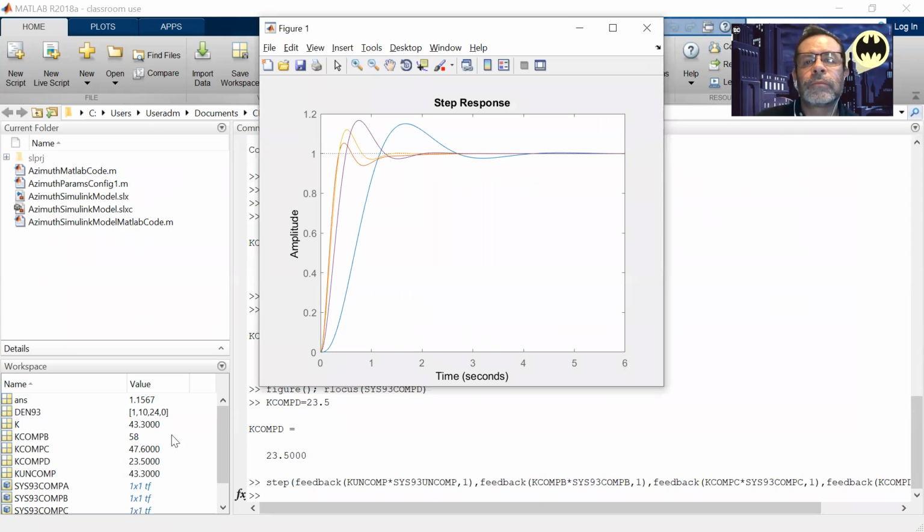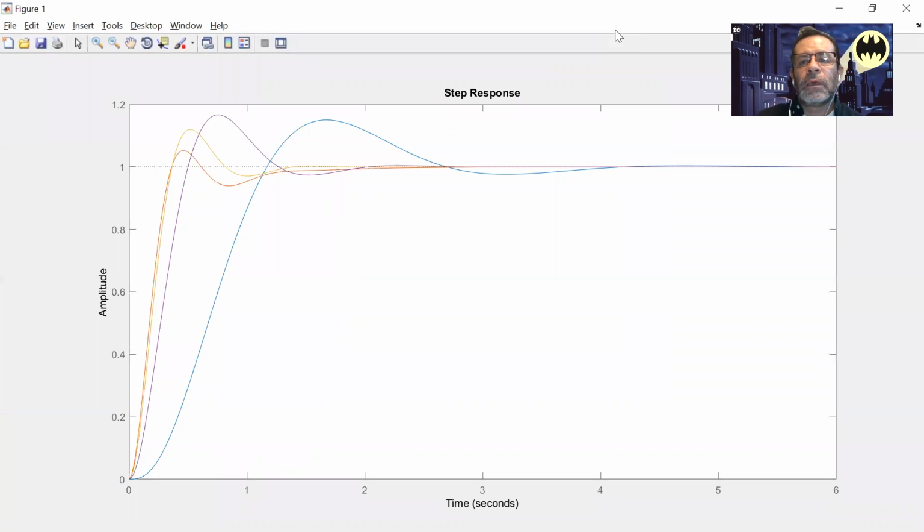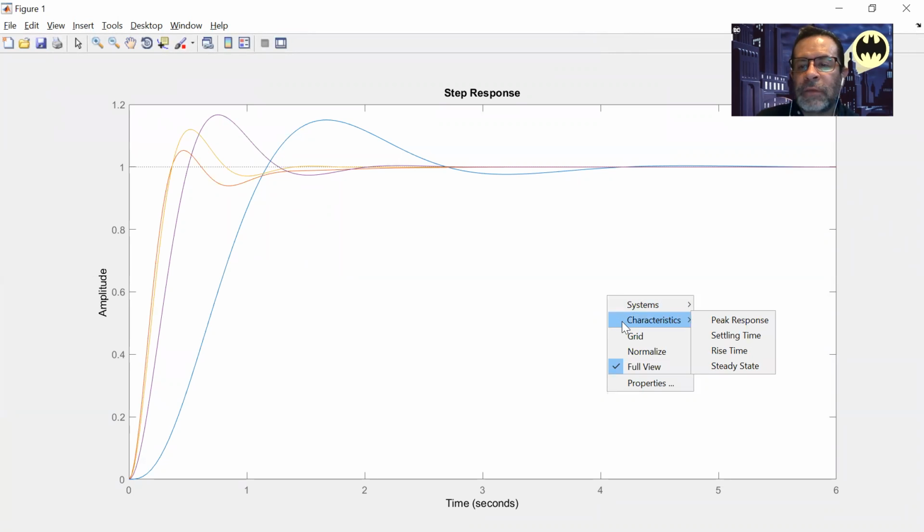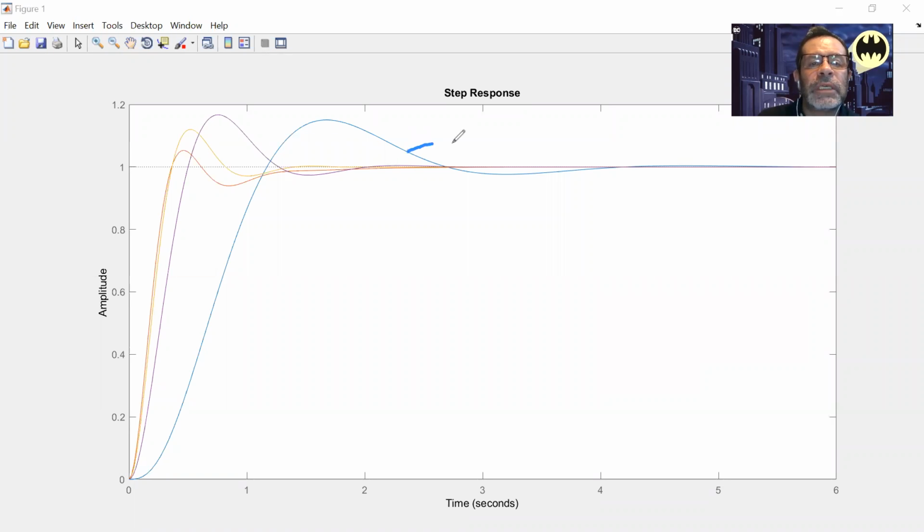There we go. So let's make this bigger. So let's look at these graphs. So again, I think it's the same colors: dark red, blue, red, yellow, purple. So blue is the uncompensated system.